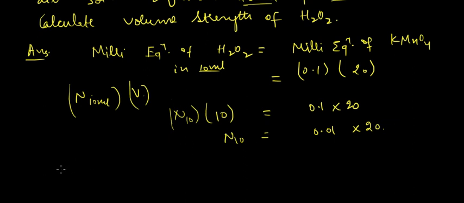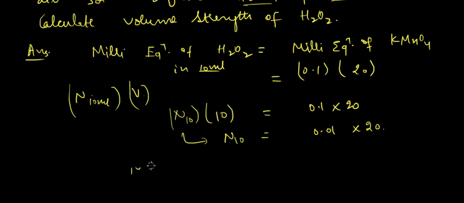Okay, and we need to calculate the normality in... so this is the diluted solution. Okay, so this was 20 times diluted. What would be the normality of the H2O2 solution then?